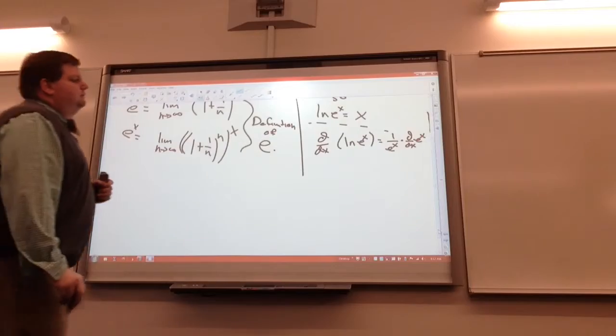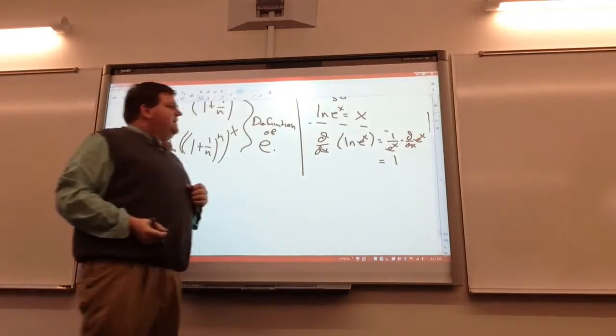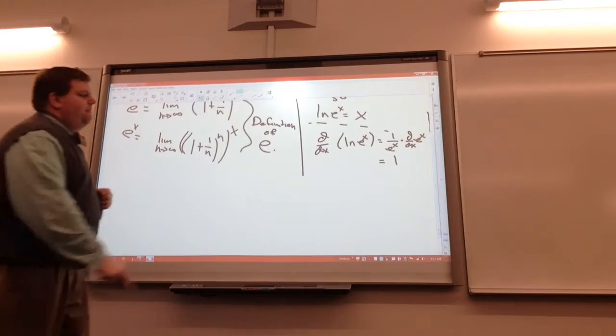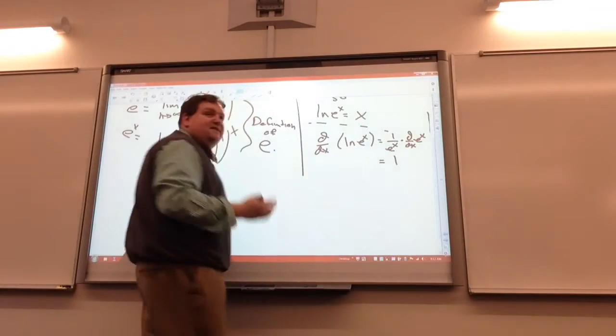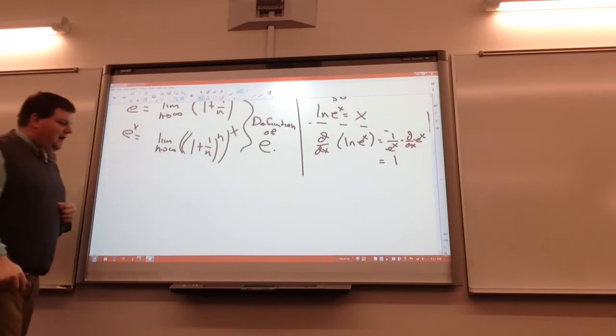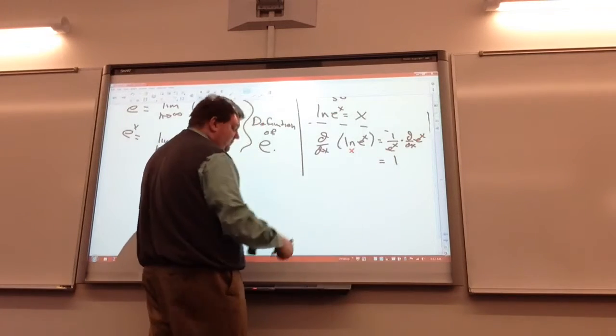But we know this whole thing needs to be equal to 1. Why? Because the natural log of e^x is equal to x, and the derivative of x is 1.